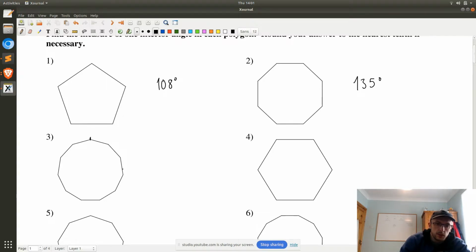So 1, 2, 3, 4, 5. This is an 11gon. By the formula, n minus 2 is 9, times 180, that gives us 1620, and then divide that by 11. 1620 divided by 11.